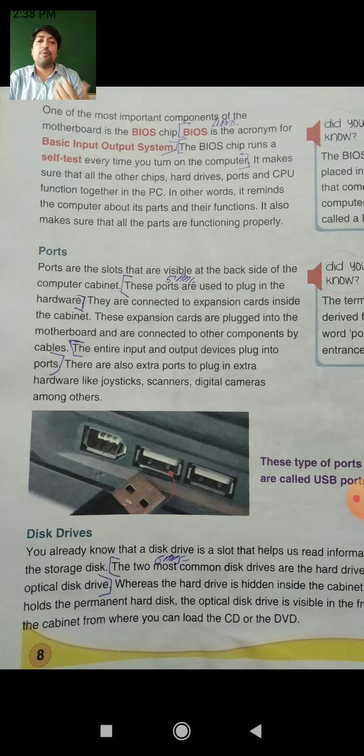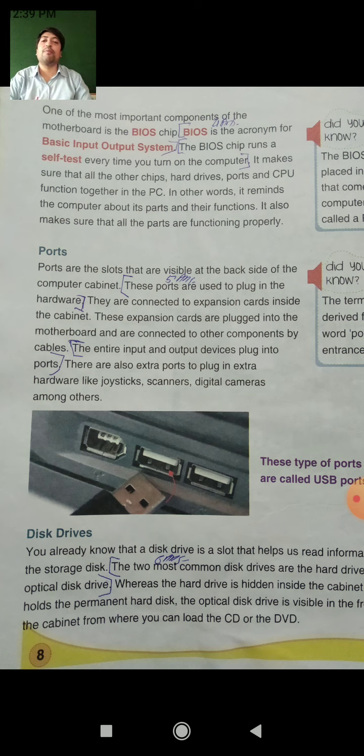So whenever we join a printer with our computer for the first time, we have to install the driver inside the CPU. A driver is a set of software that is useful for joining that device to the computer.